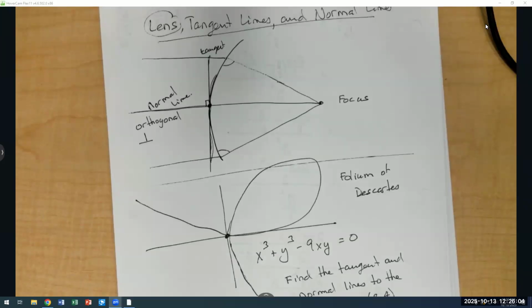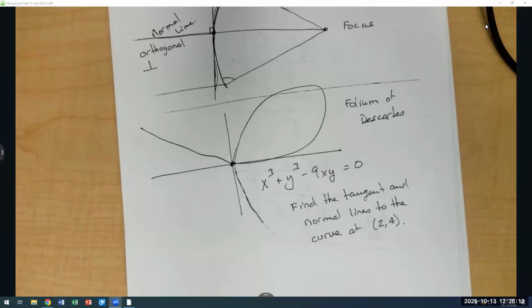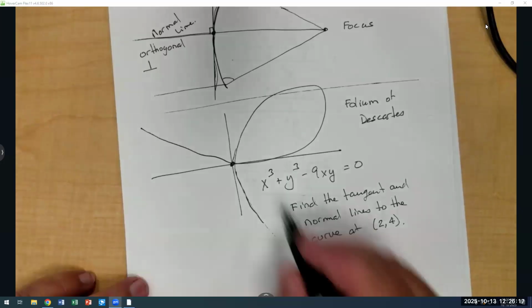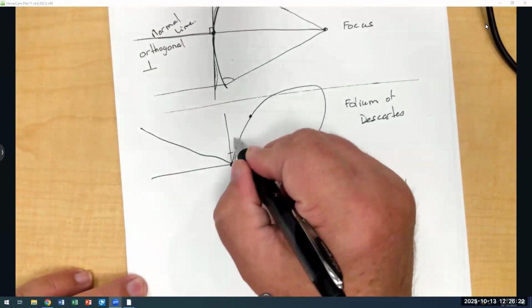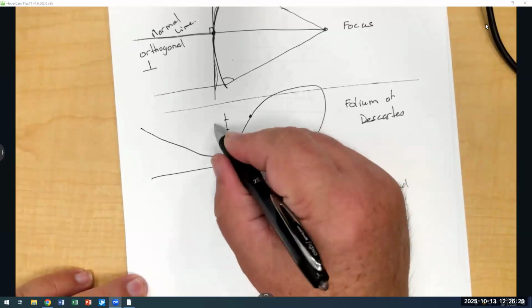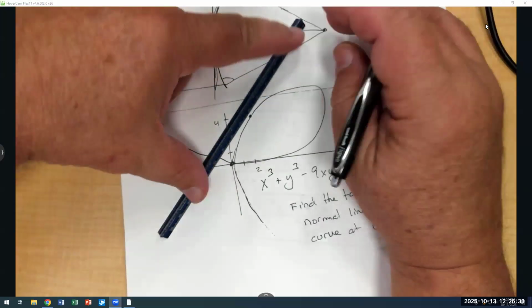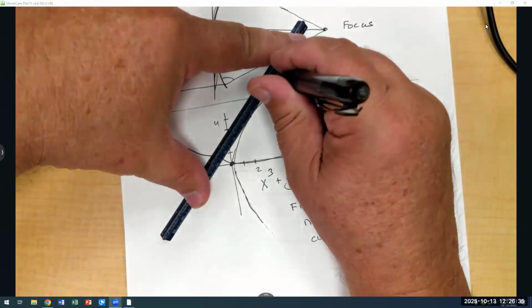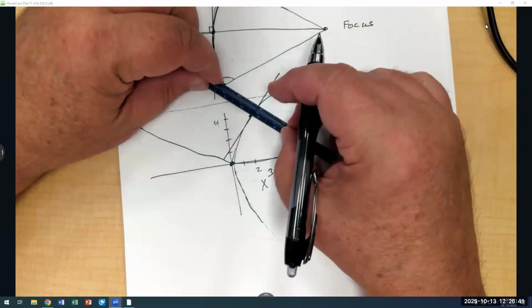So tangent lines and perpendicular lines to tangent lines, how do we tell them apart? What distinguishes them? Because they're both going to the same point. So at 2, 4, we want two things to occur. We want to know what the tangent line is to that one, and we also want to know the normal to it.